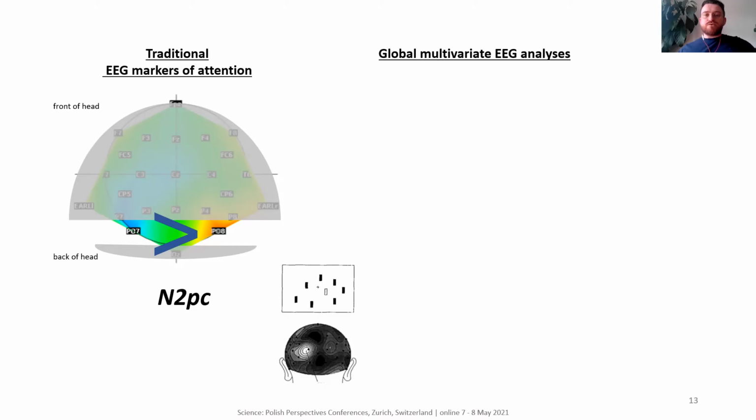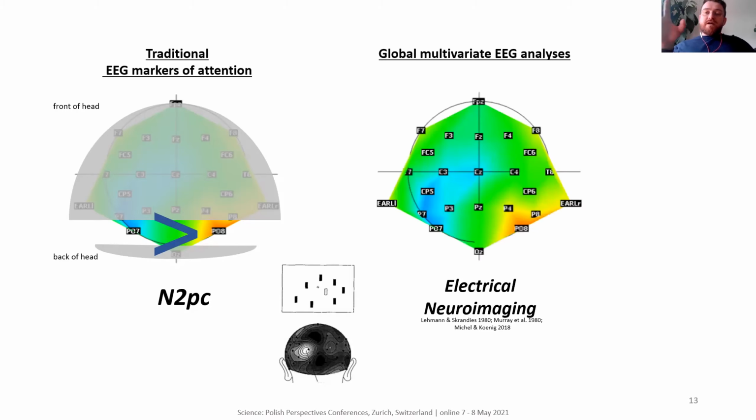So we decided to also analyze those types of responses with global multivariate EEG analysis. Some specific, in particular electrical neuroimaging analyses, have been developed here in Switzerland and been refined ever since, which take the information across the whole scalp.